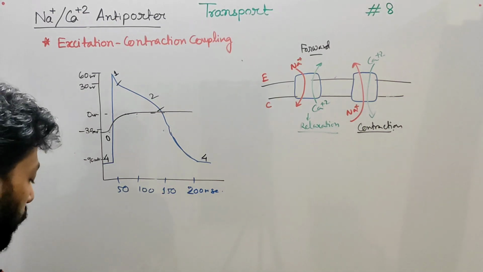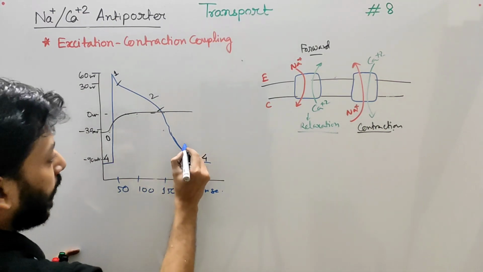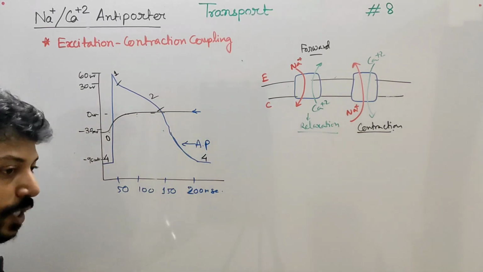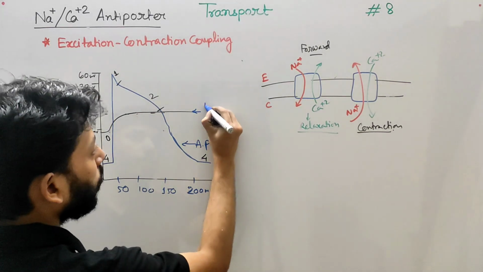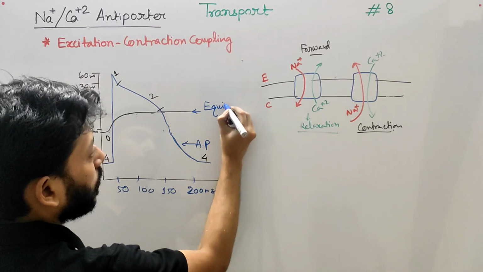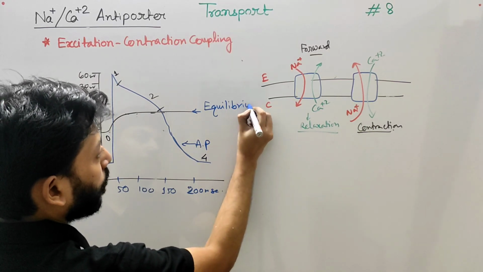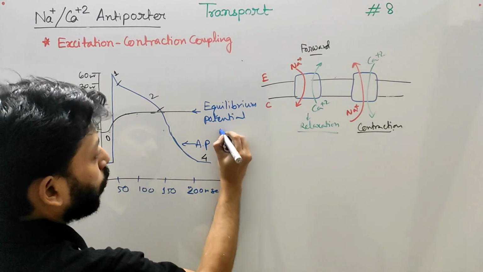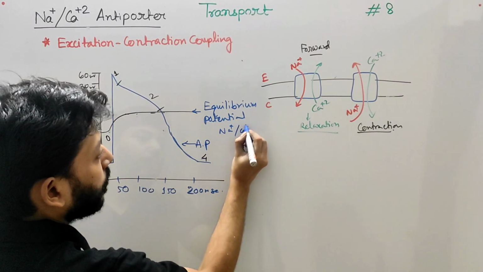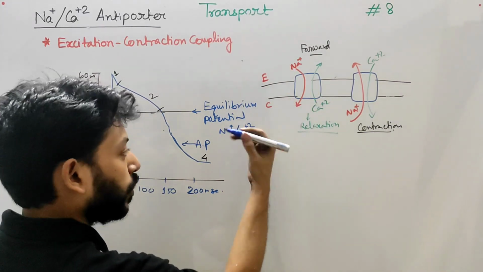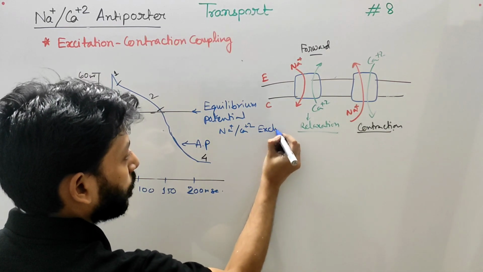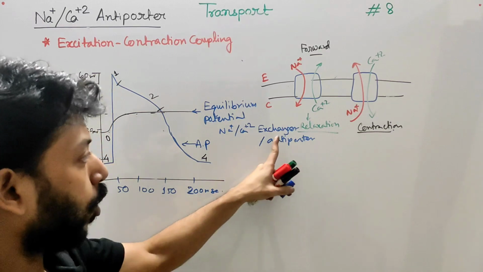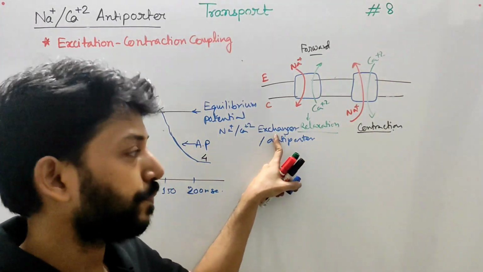One thing we have to understand: this blue line represents the action potential of the cardiac myocytes, and this black line represents one important point. We call it the equilibrium potential of the sodium-calcium antiporter, or we can also say exchanger.